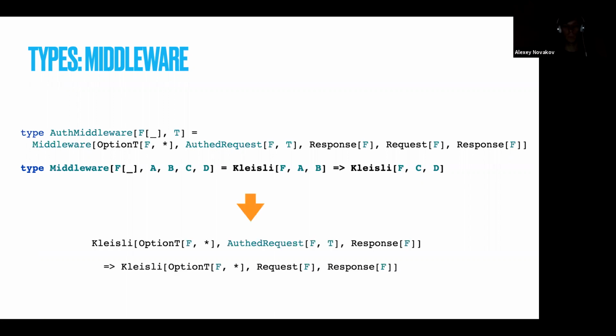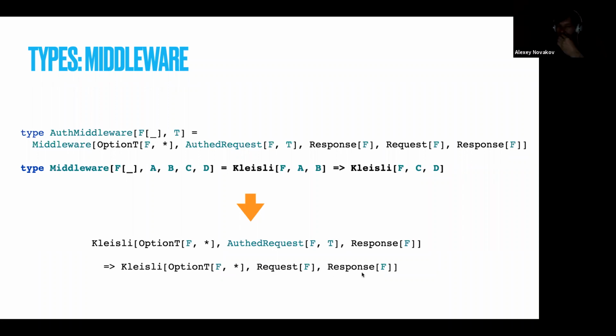So if we substitute this stuff finally, this is how it will look. Maybe it will answer your question, or maybe it will be clearer. The first Kleisli is coming from AuthedRequest to OptionT of response, and the second Kleisli, which is returned back, if you give this kind of Kleisli to it, will be a normal Kleisli with a request to the OptionT of response.